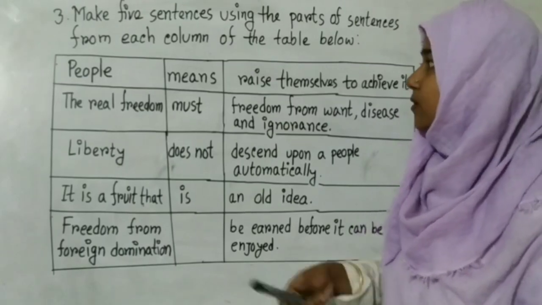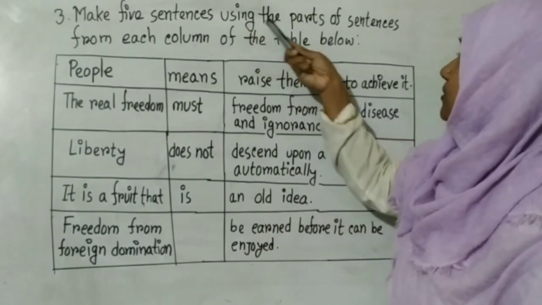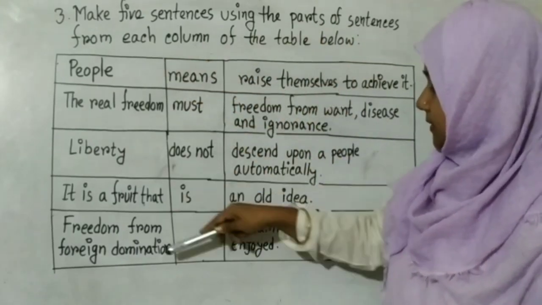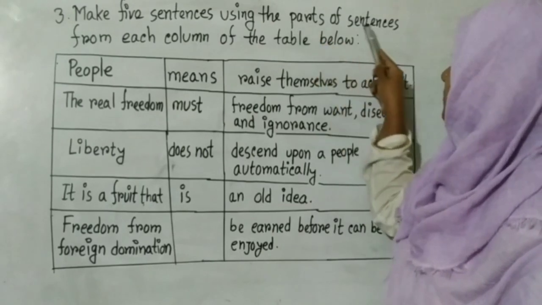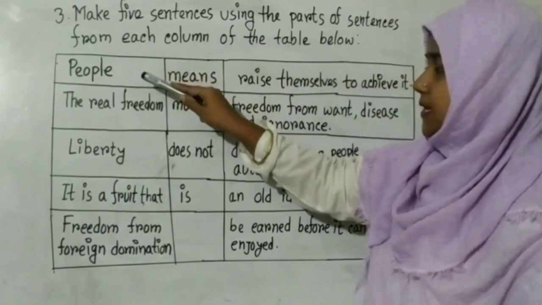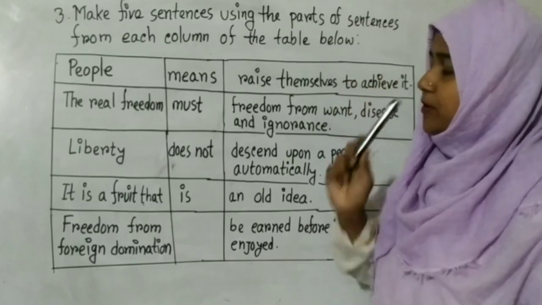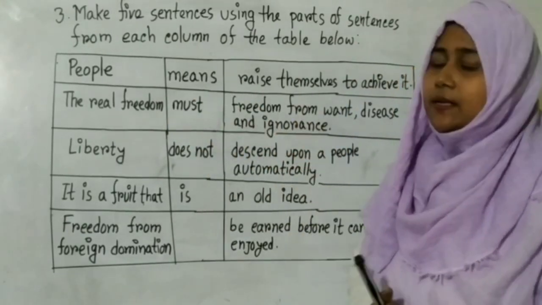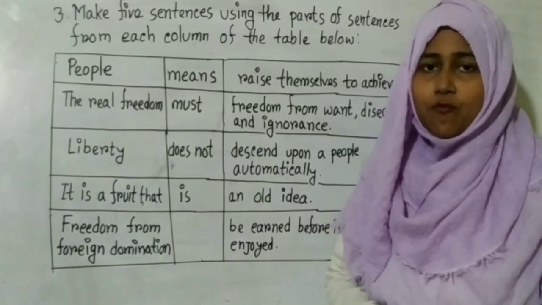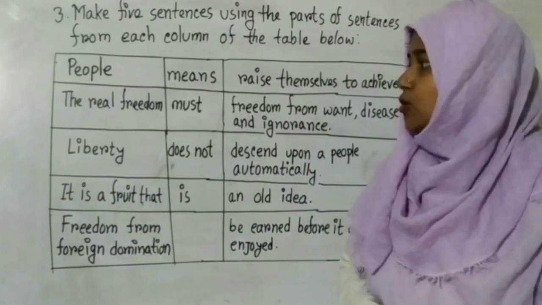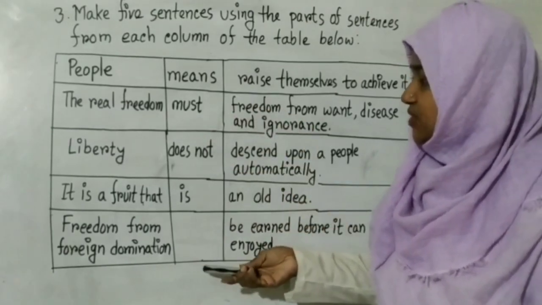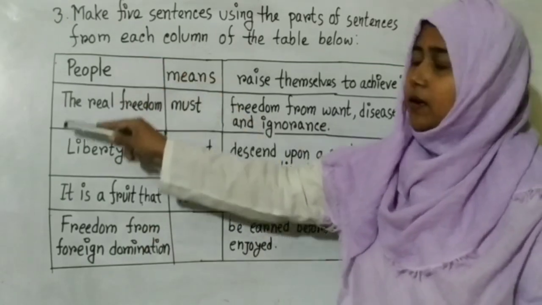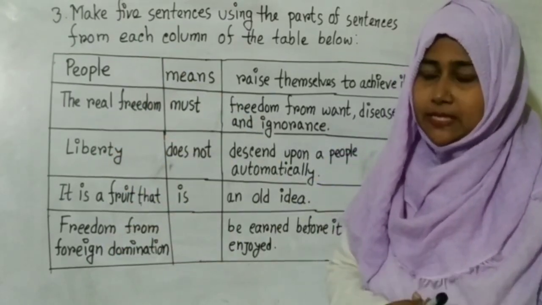Clear? So dear students, using the parts of sentences from each column of the table below. Here is the table and you have to collect parts of the sentences from each column, from here and from here, and you have to make the sentence. You have to make 5 sentences. So after getting the question paper, the first duty is to identify the topic of this table.